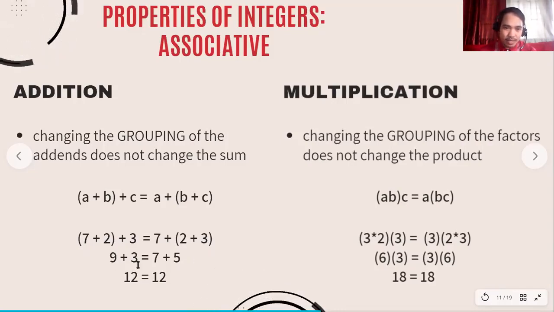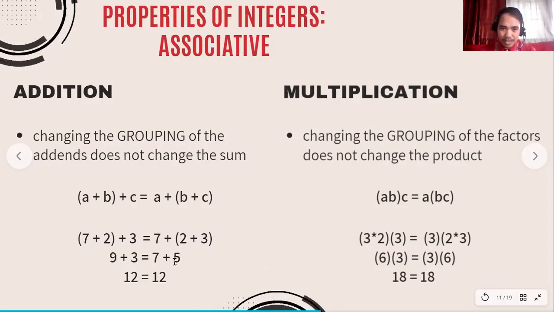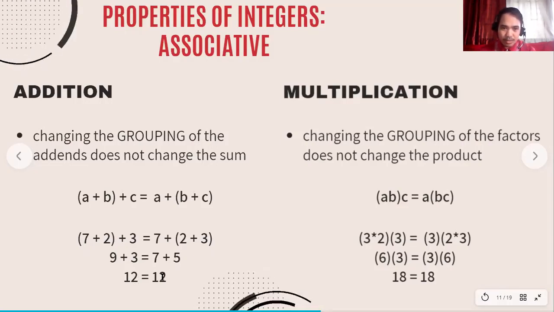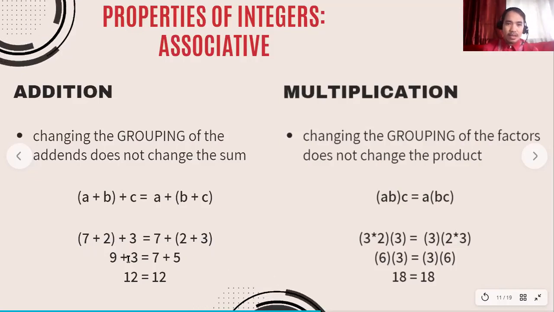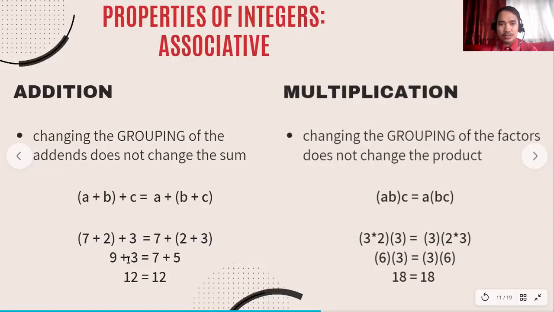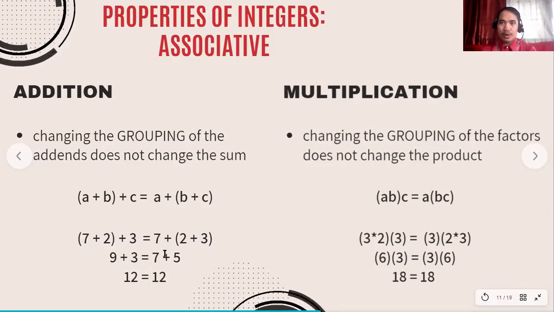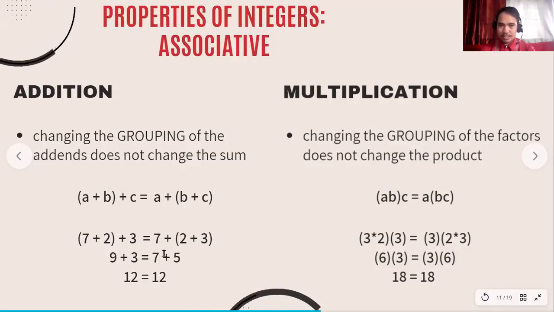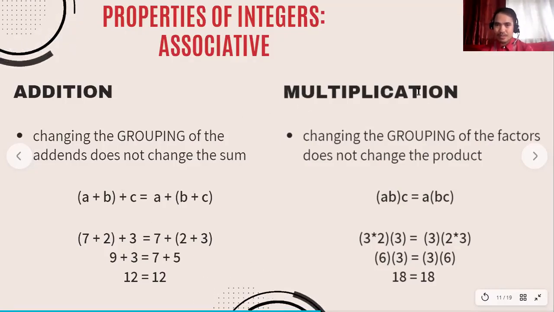Now 9 plus 3 is equal to 12, which is equal to 7 plus 5, also 12. So as you can see, even changing the grouping of the addends, it doesn't change the value of each side of the equation. Very good.